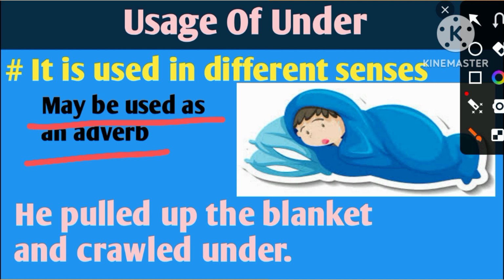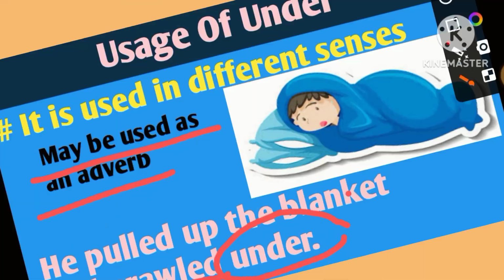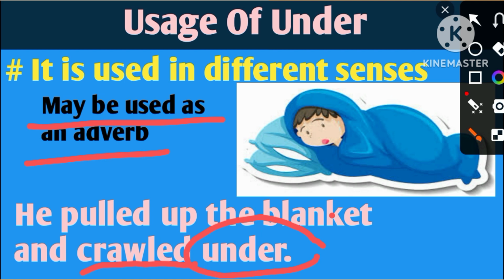He pulled up the blanket and crawled under. Here you can see crawled is the verb, and after that we have written under. This under is not preposition here. If we use the term under as preposition, obviously we had to provide its object, but here there is nothing.